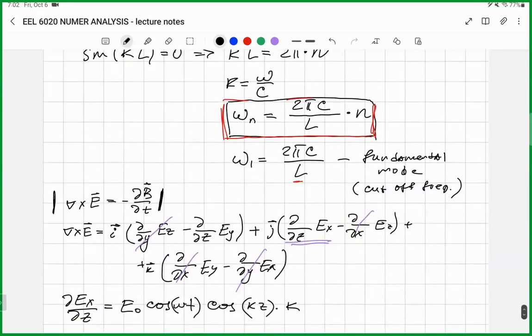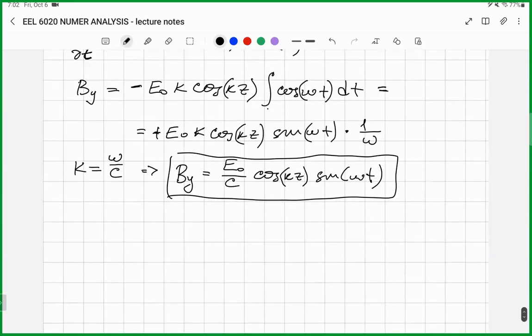So indeed, the magnetic field and electric field are shifted in phase by pi over 2.